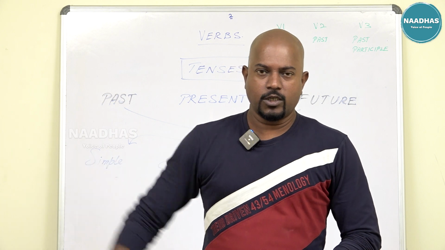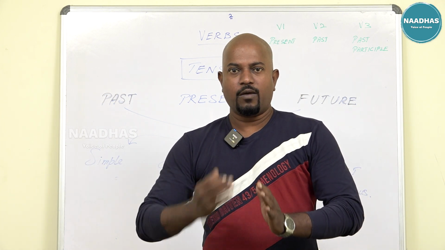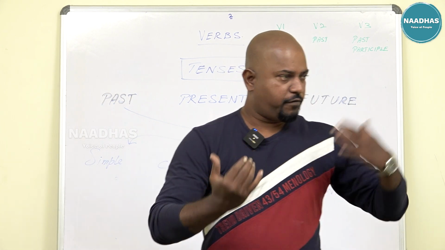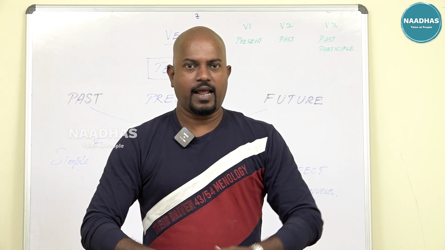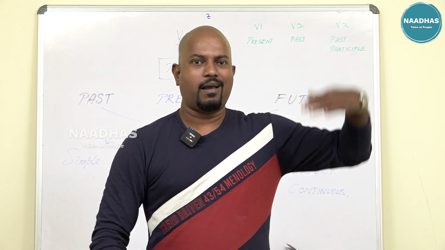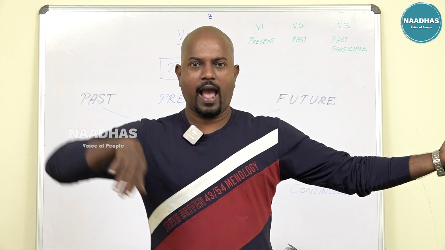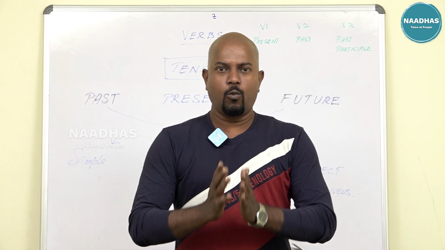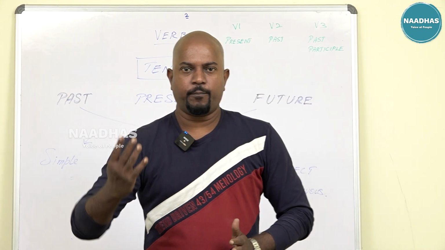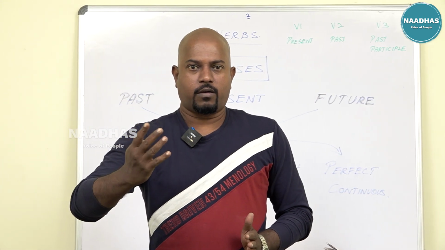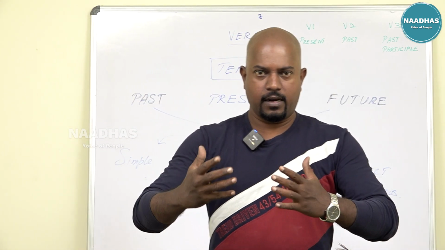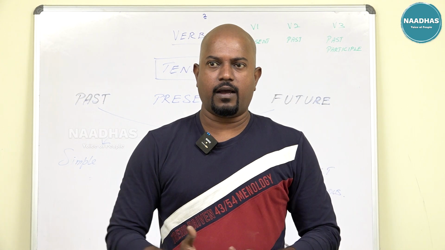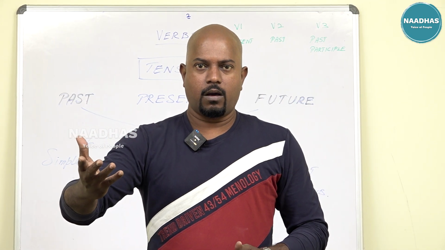So we have three tenses: the future, the present and the past, or you can make it past tense, present and the future, all right? And we have four aspects. Aspects or categories. You can tell in Tamil, amsangal.